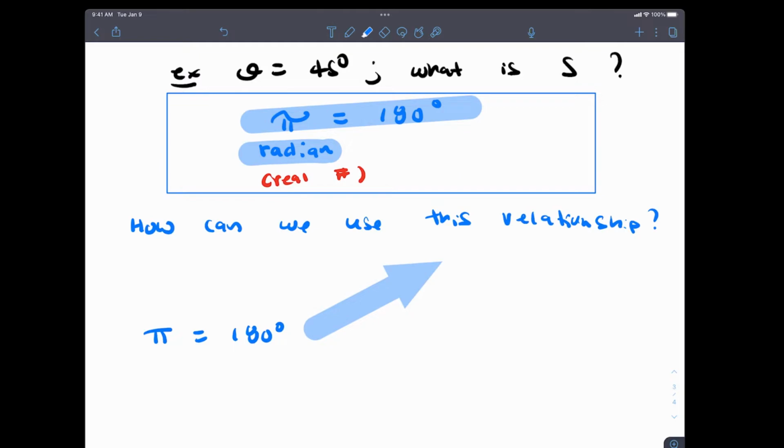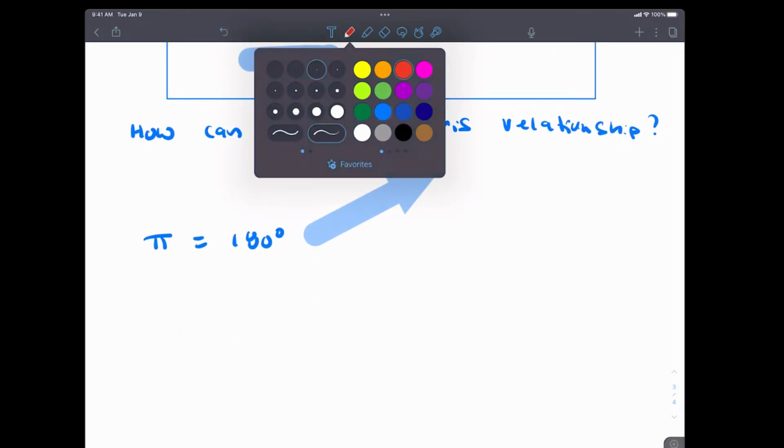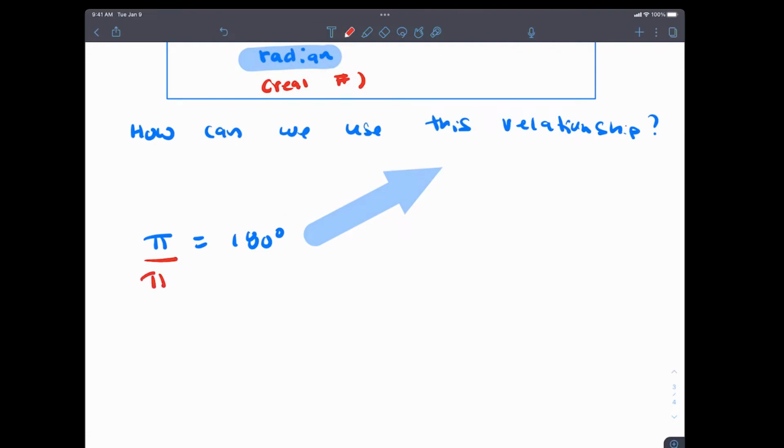You guys remember some algebra? What if I did this? I'm going to divide both sides by pi. Remember, for every equation, I'm free to divide both sides by the same non-zero number. Pi is 3.14. So what do you get on the left?